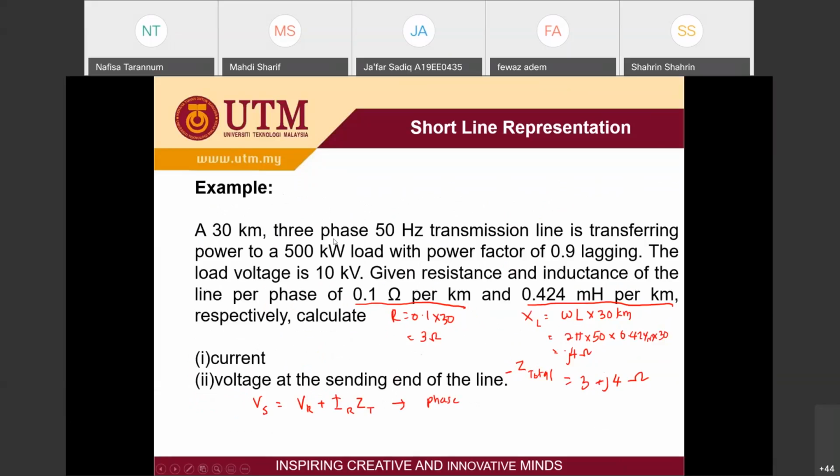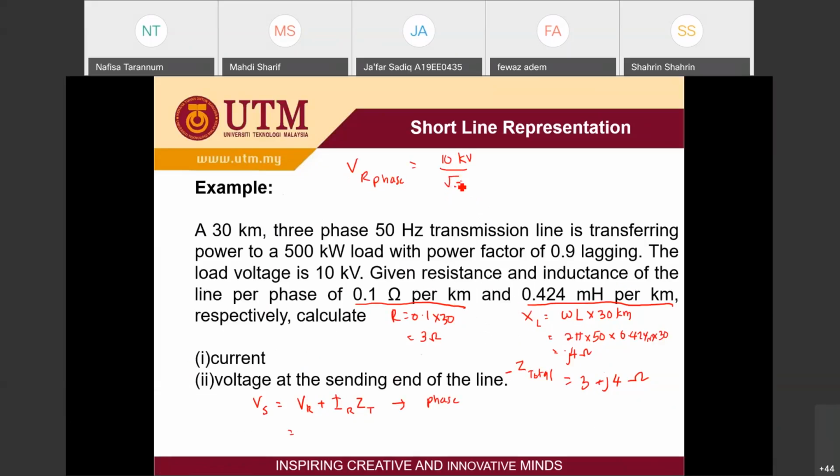From this example, VR is given, but this one is line voltage. So we need to get VR in phase value: 10 kilovolt over square root 3.